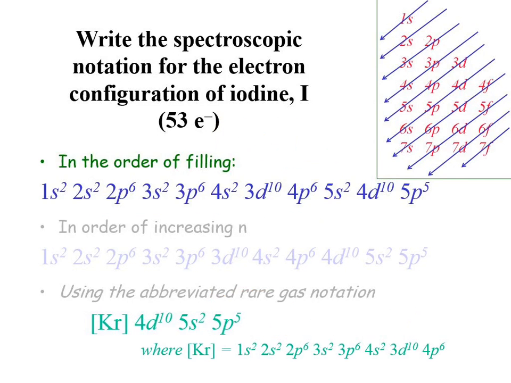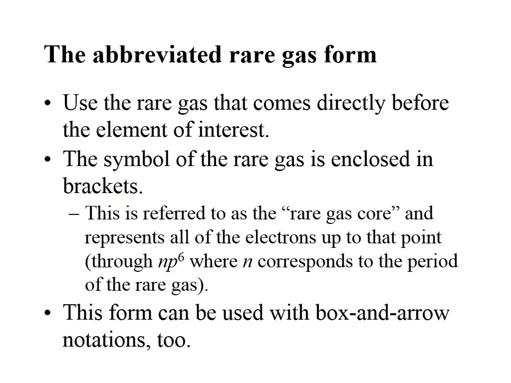Cool. What else we got? So the abbreviated rare gas form. There are some rules. One is that it has to be the rare gas in the period immediately before it. That's probably the biggest rule. All right. Cool.